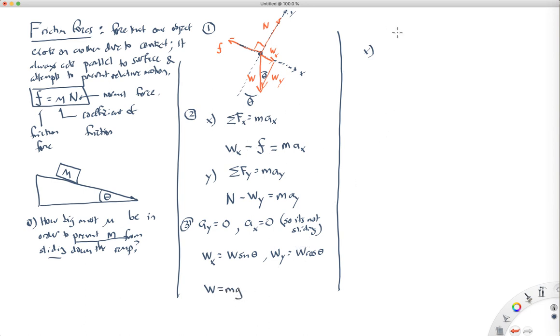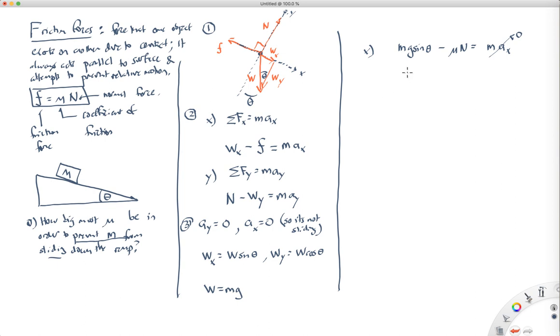All right, so going back to here, the weight in the x direction would be mg sine of theta minus the friction force, which is going to be, let's right away plug in that as mu times the normal force. That's the relationship between friction and the normal force, and that is going to be mass times the acceleration in the x direction, which we know is going to be 0.